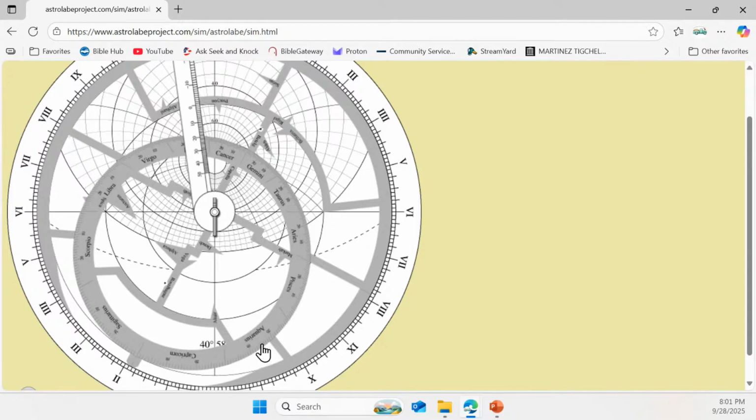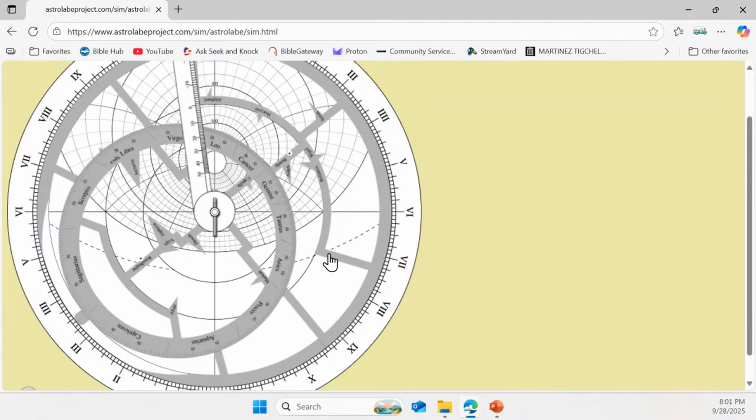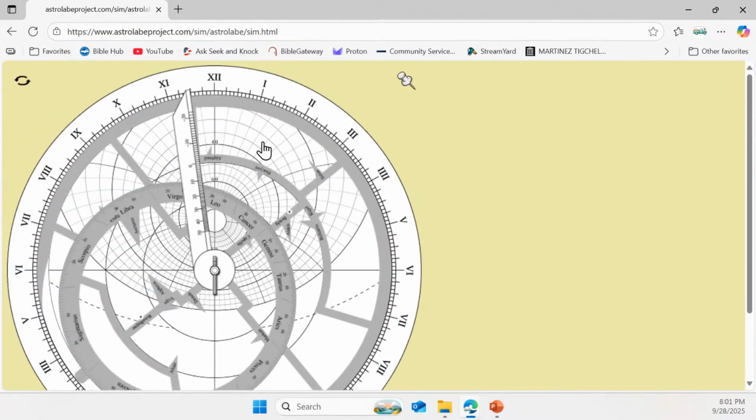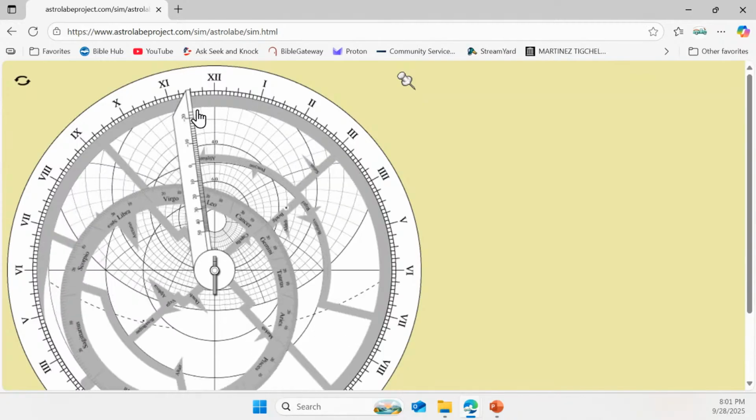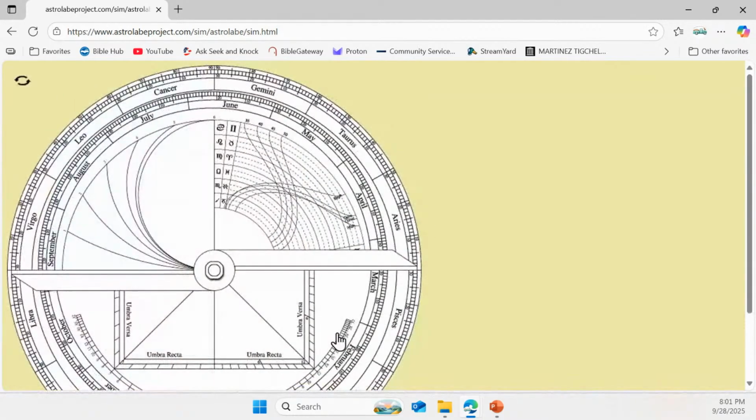For example, I live in the 43rd degree, but I have an astrolabe for 45 degrees, so it's just slightly off by a couple degrees. But if you don't have anything, you want to just start out, play around. If you go up to the top, you can move this around and you can flip it to the back of the astrolabe. It's a pretty exciting little tool. So I just wanted to show you that.